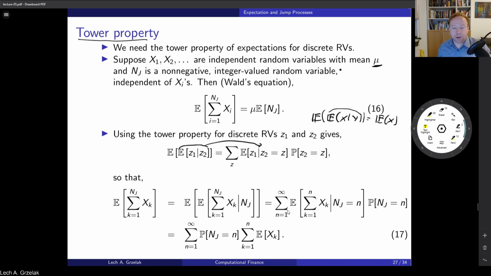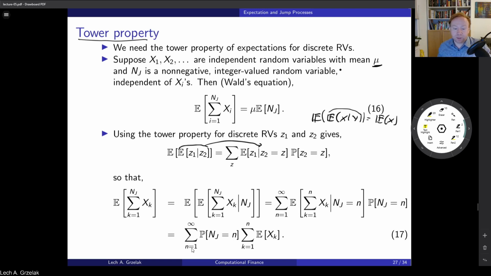So this is what we have: a summation, the outer expectation of the inner expectation, which is here. The expectation of a sum of xk, given that we have only a fixed number of elements in the sum, times the probability that the number is equal to n. You can see that we go over all the possible numbers of events, and we perform this conditional expectation.